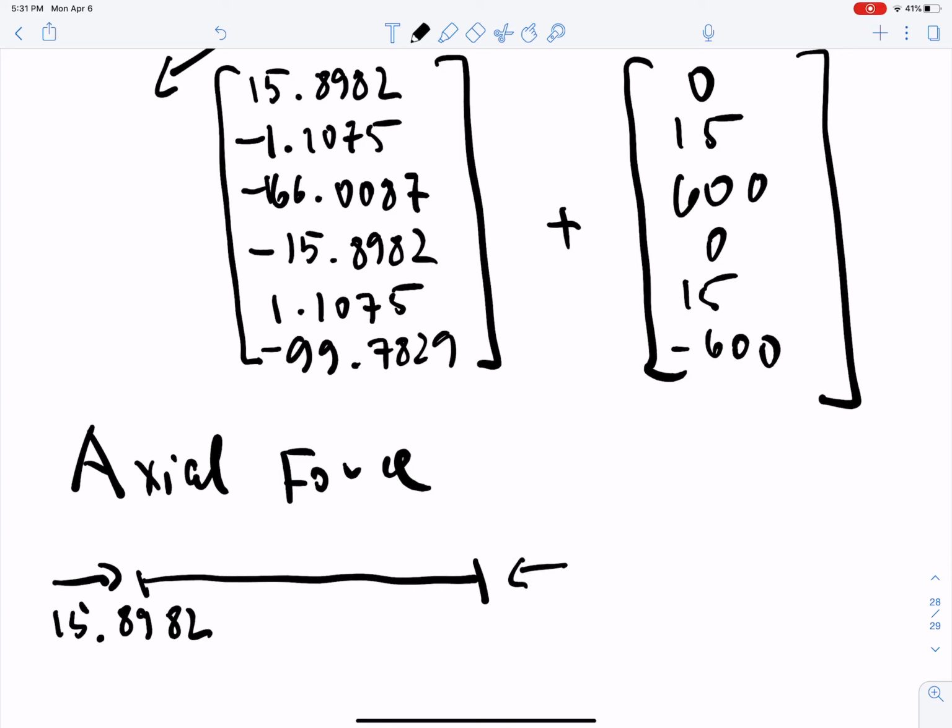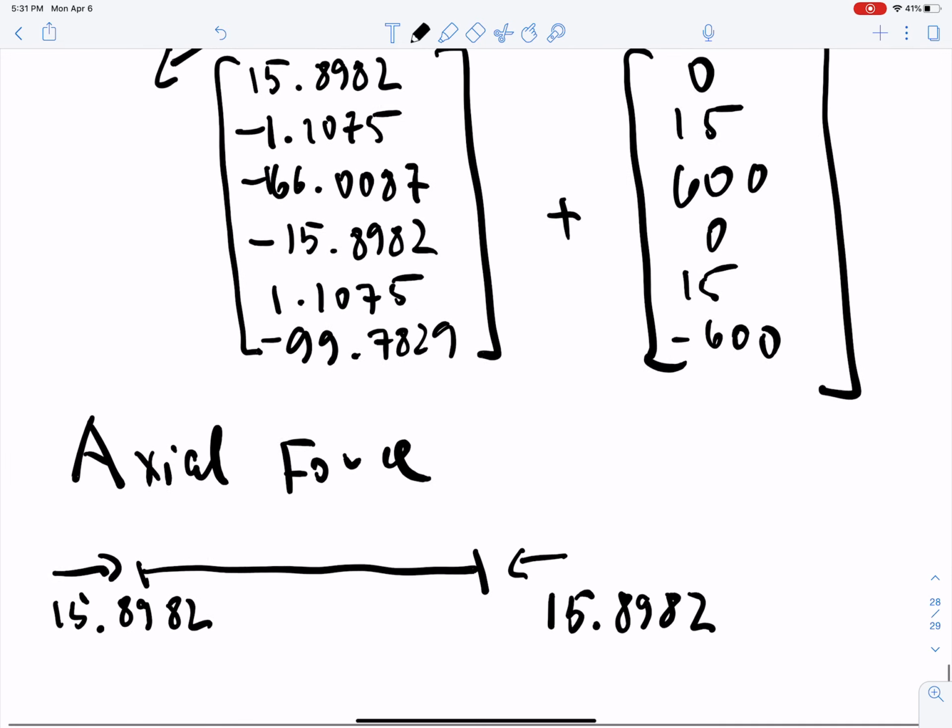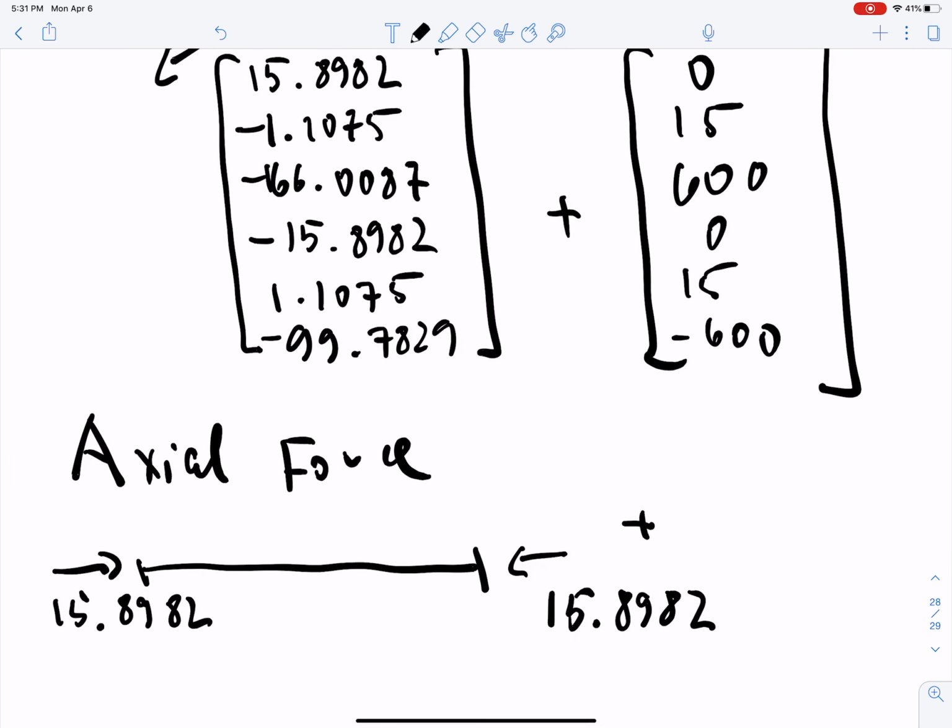And negative 15.8982 this way, okay, plus, okay, you go for the contribution from the distributed load, but in that element there is no X load, okay, so you get 0.